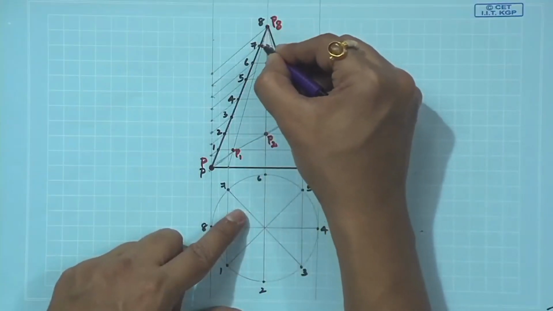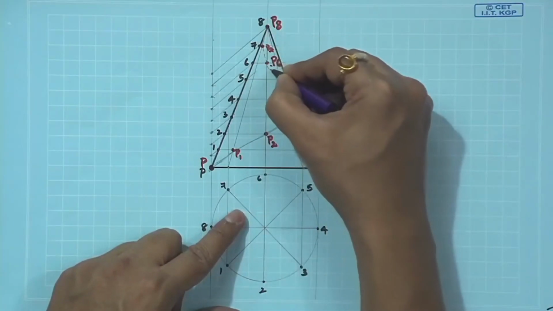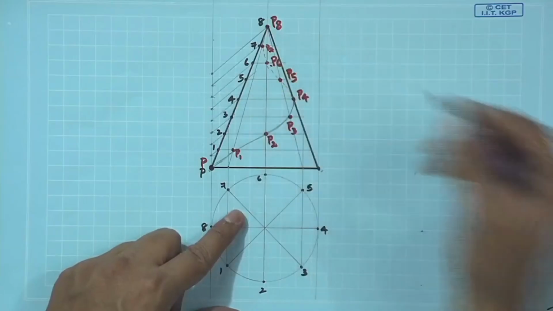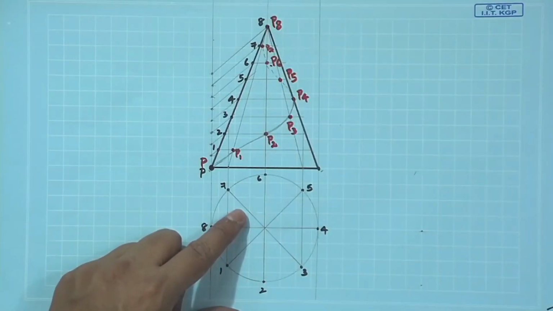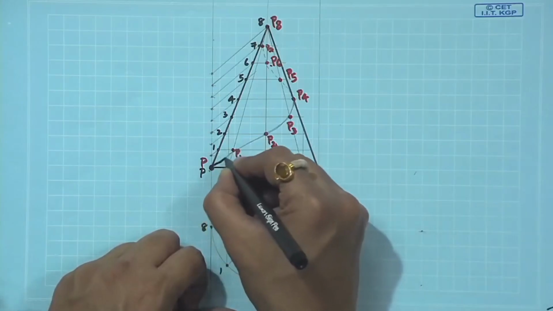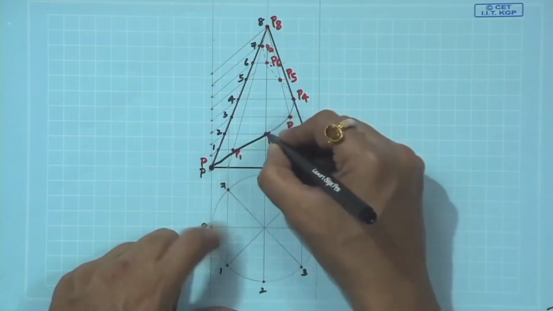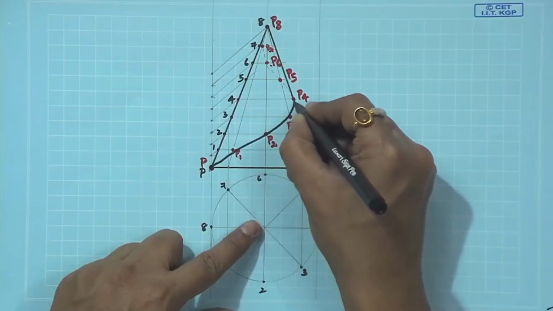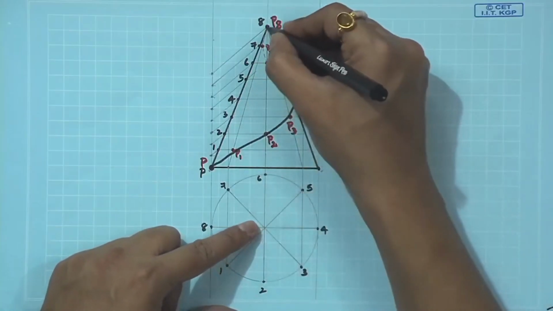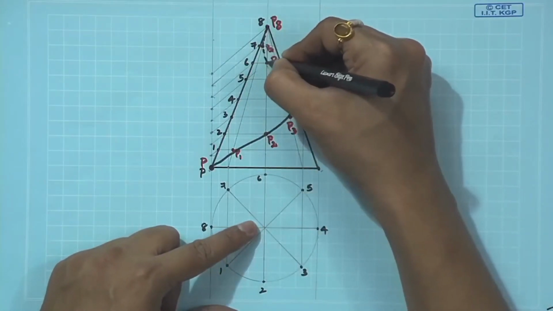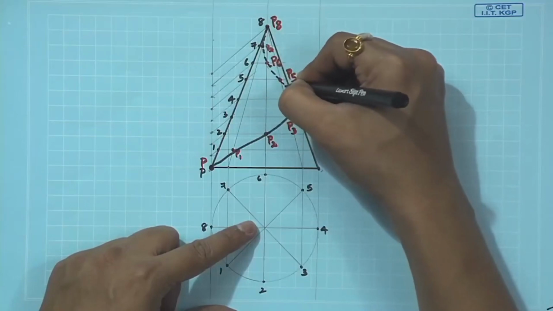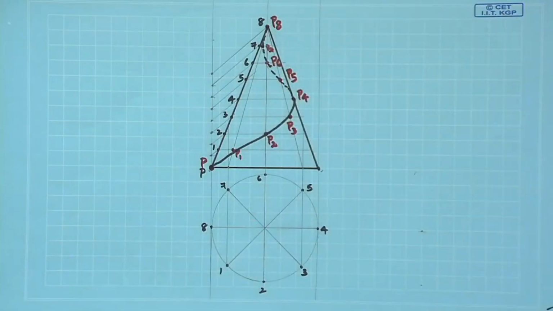Now, make a color. So, our conical helix looks this way on the frontal view.